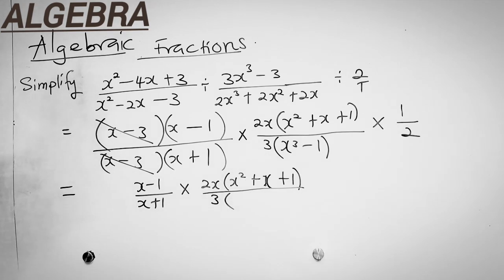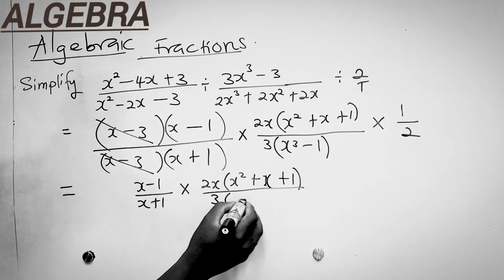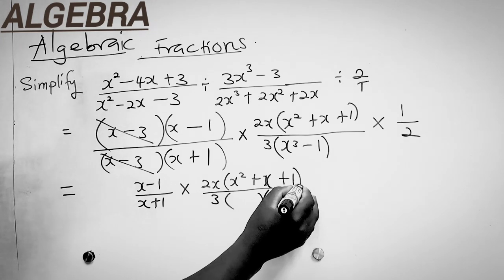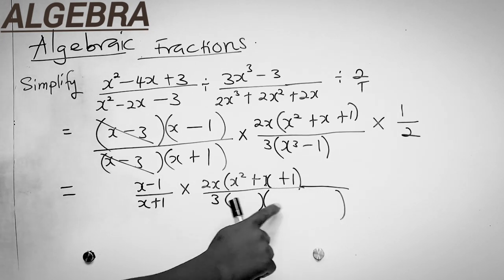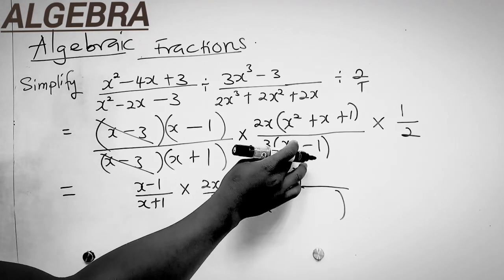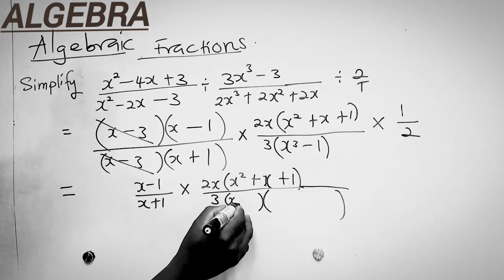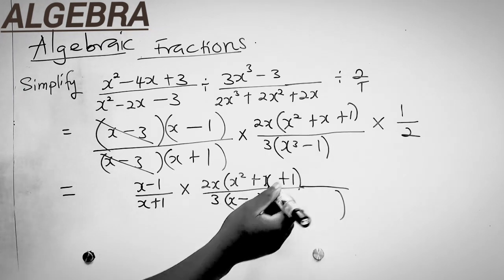This one still needs to be factorized. Now this is a difference of two cubes. x cubed is a cubic number, 1 is a cubic number. So we're doing factorization of two cubes. You have a smaller bracket and a bigger bracket. So you find the cube root of x cubed, which is x, and the cube root of 1 is 1.